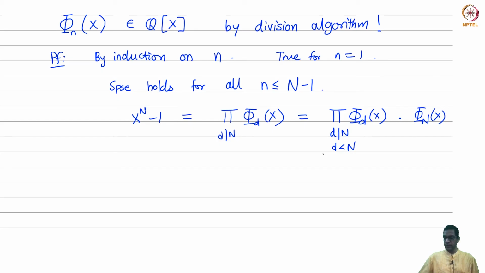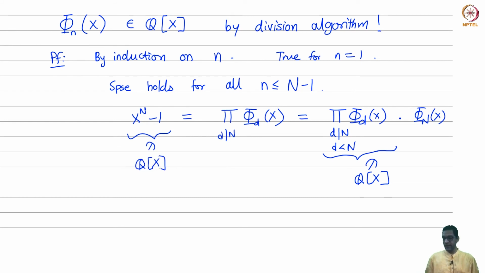Now by induction, I have assumed already that all the phi d's for d smaller than n are in Q[x], right? So this is in Q[x]. In fact, it's in Z[x].